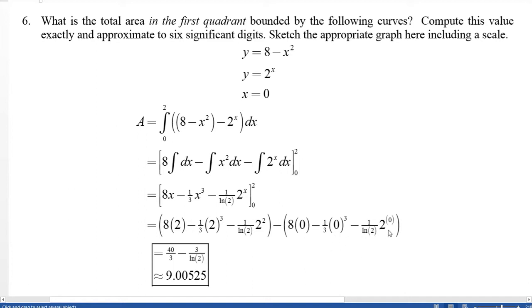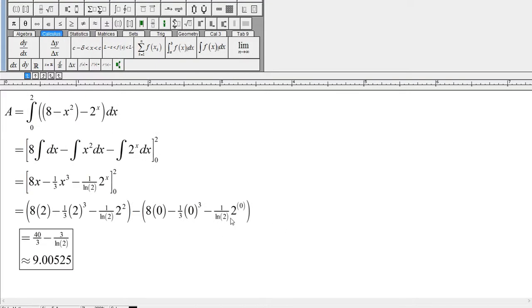Let me do the easier part first. 2 to the 0 is 1, so this is minus 1 over log 2. This is 0, that's 0.